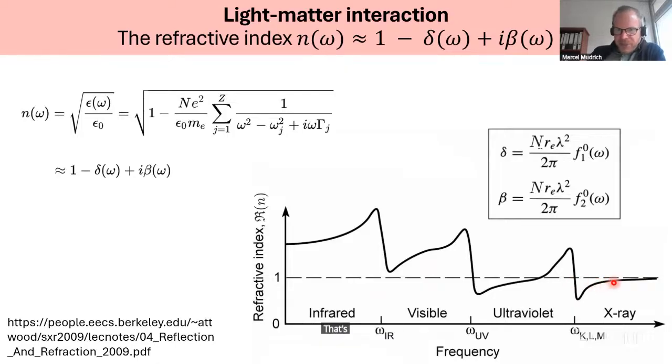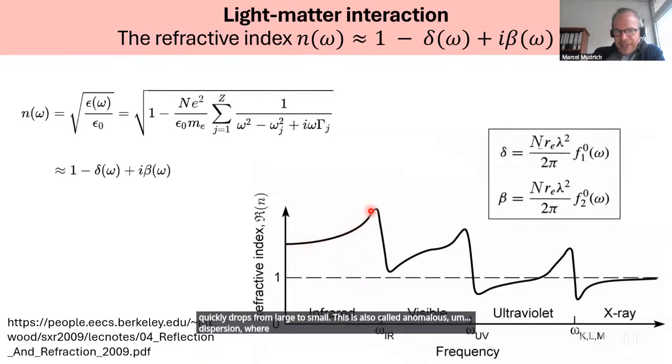That's one main trend. The other main trend is that we have these wiggles, these regions where the index of refraction quickly drops from large to small. This is called anomalous dispersion, whereas the rising edges are called normal dispersion.